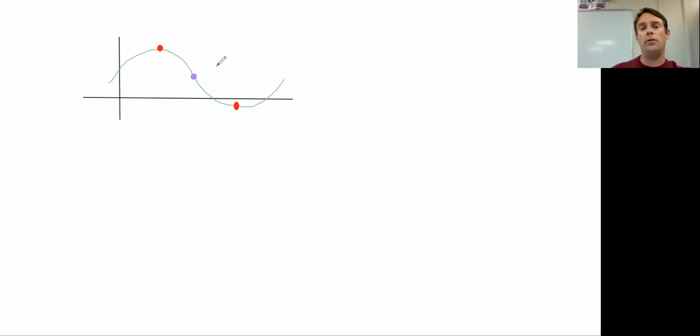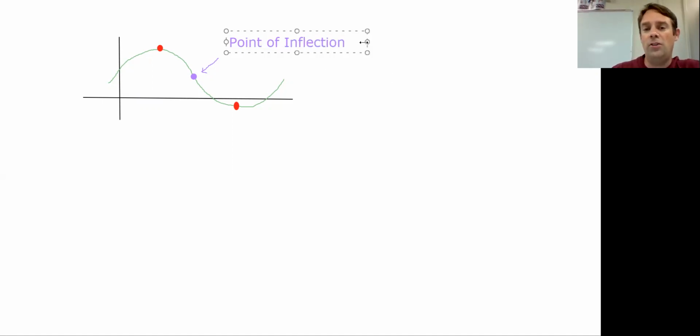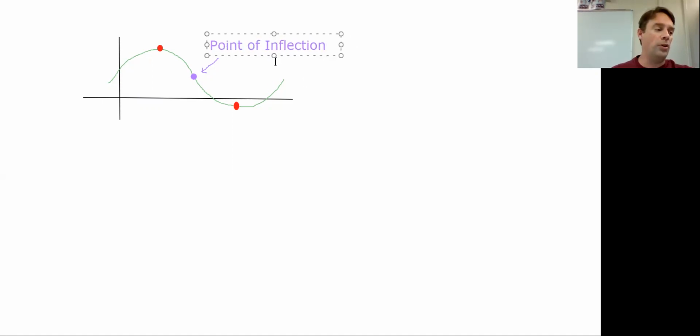Well, that point is called a point of inflection. It's where our graph changes the opening. Does it open up or does it open down?